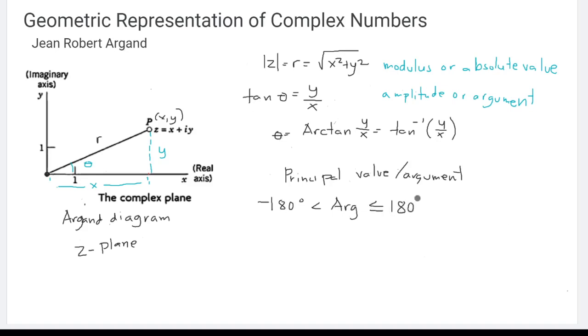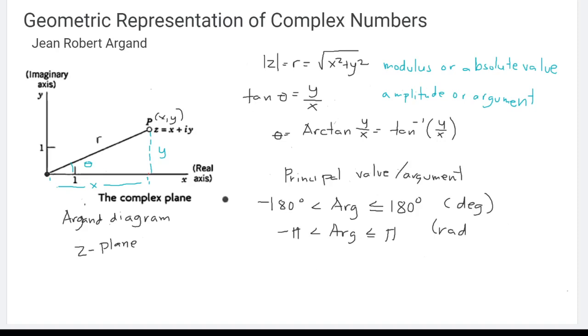The negative pi hanggang positive pi naman tayo if we're dealing with radian. And if we're dealing with degree, so that's the principal argument. Meaning kung lampas siya sa range na to, it's either we add 360 or we subtract 360.